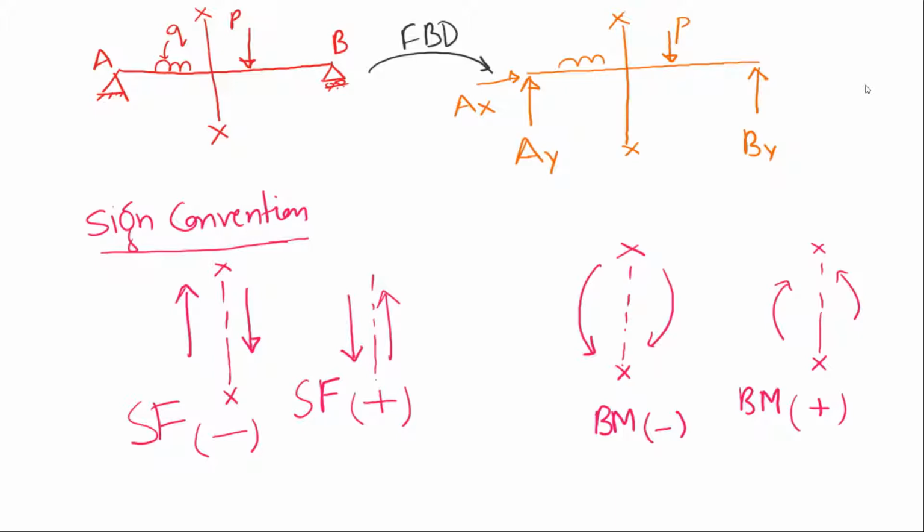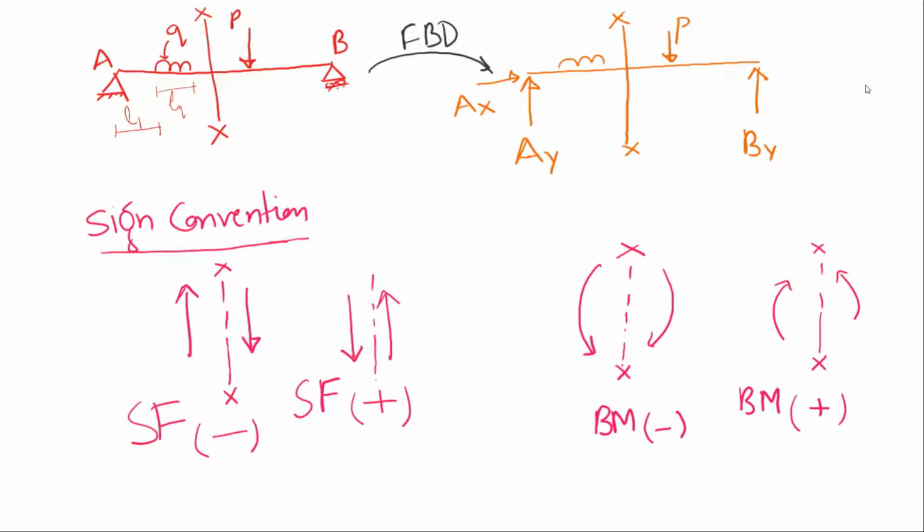The length of the distributed load Q is LQ, and it starts at a distance L1 from A, and a concentrated load P is acting here.